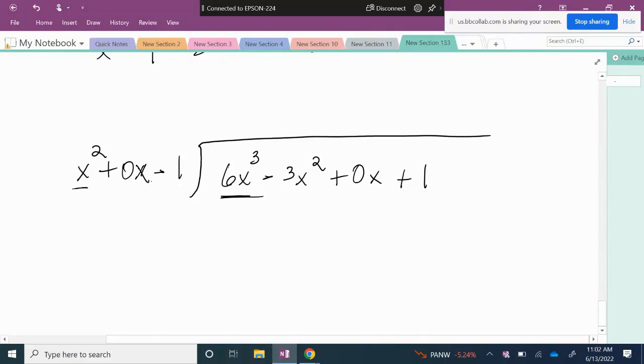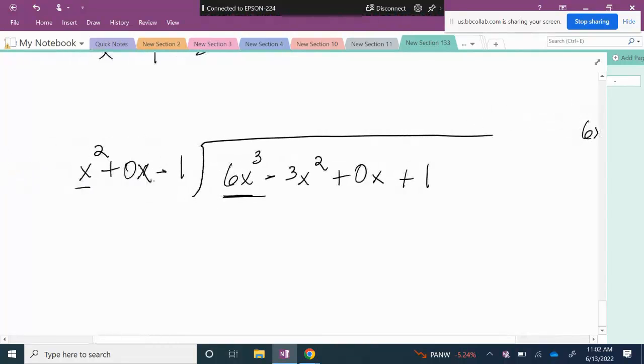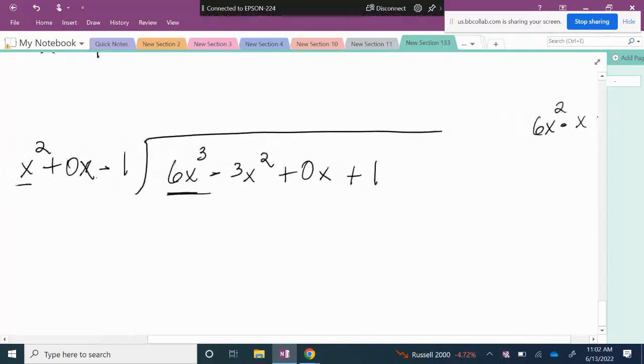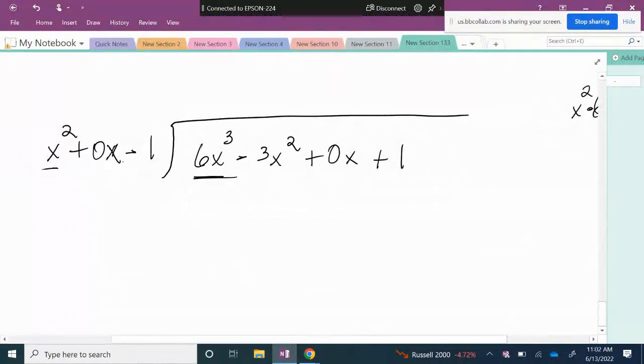I believe that's going to be a 6x, right? x squared times 6x gives us 6x cubed. So we're going to multiply by 6x. Since we have three terms in the divisor, I'm going to put 6x over the third term in the dividend.